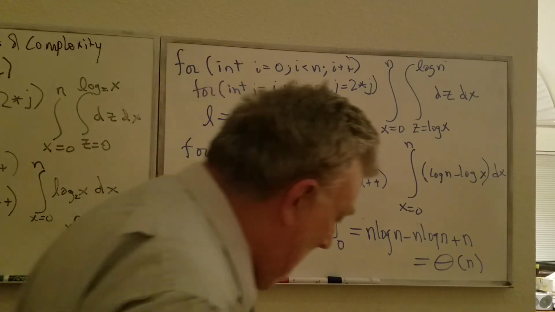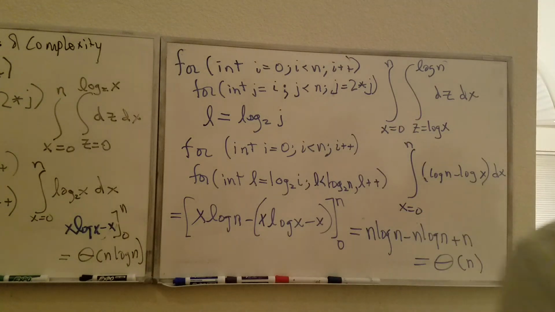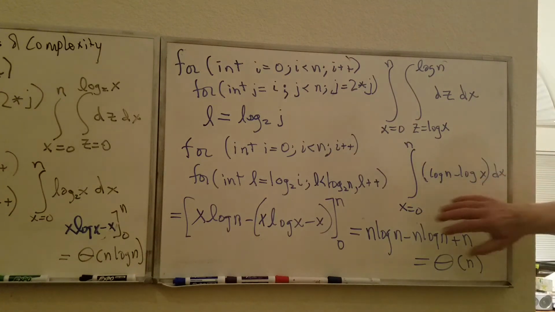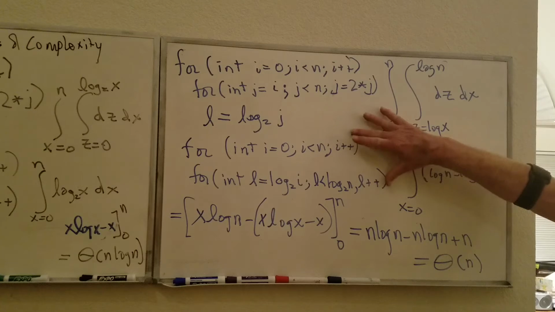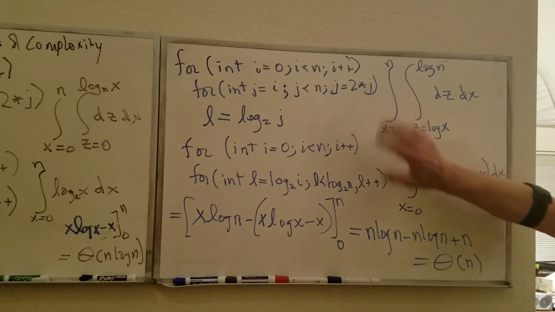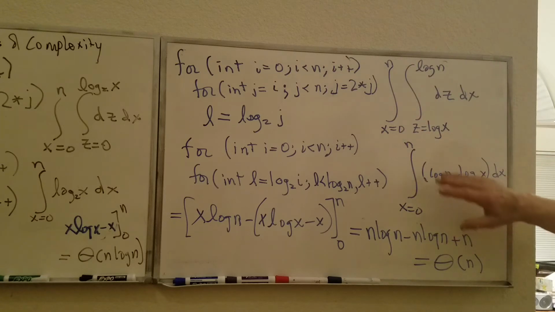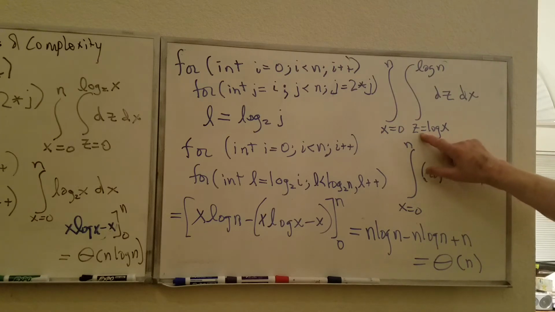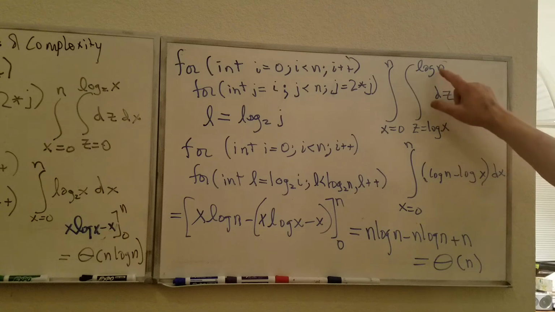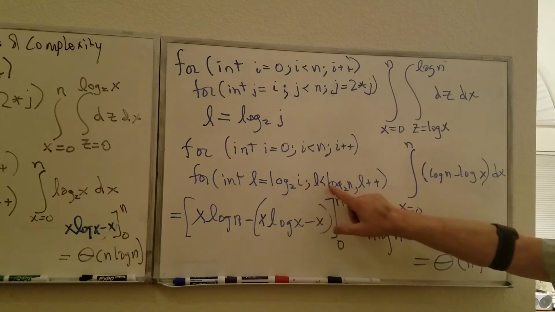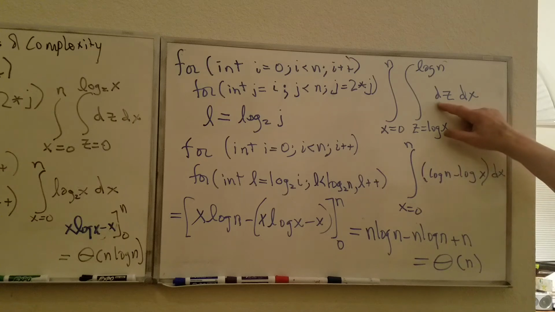All right, now let's go up and try to see all the integrals here. I'm now replacing these by the analogous integrals. Here's the continuous analog of i: x goes from 0 to n, that's the same as before. And z is the continuous analog of L. z starts at log x and goes to log n, since it starts at log i and ends at log n, and then it's dz dx.